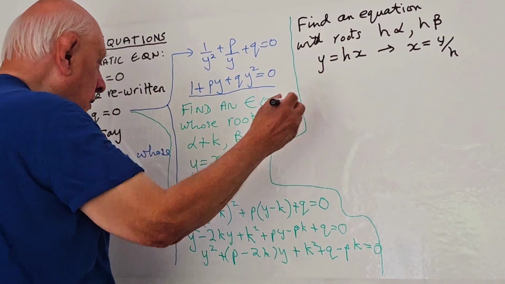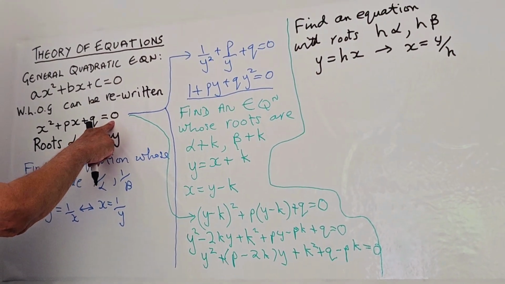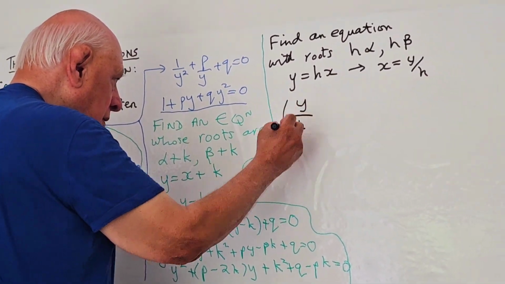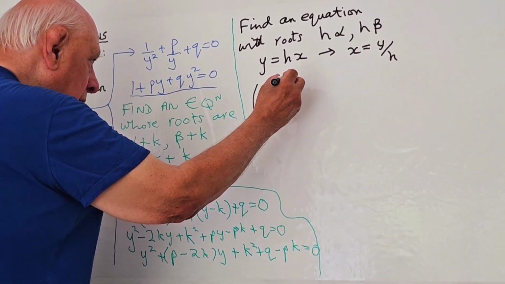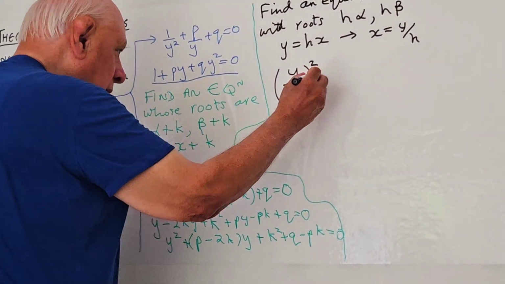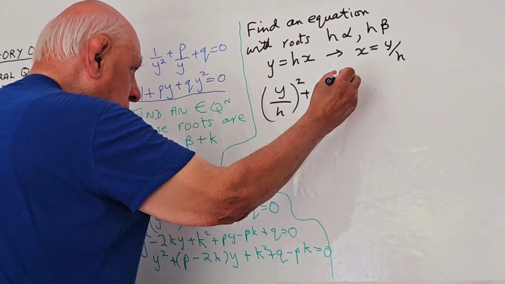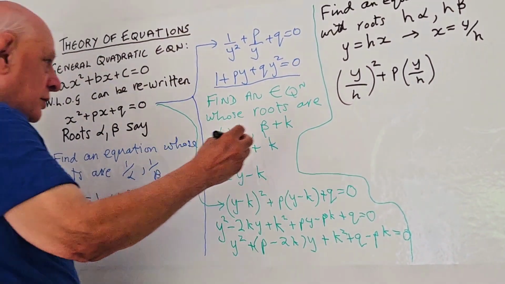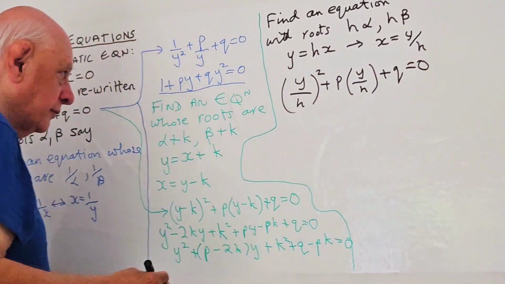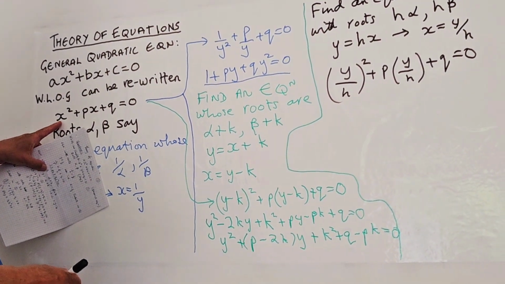So we get this one here, y over h squared plus p into y over h plus q equals 0. Let me make sure I've got that down correctly. Y over h squared.